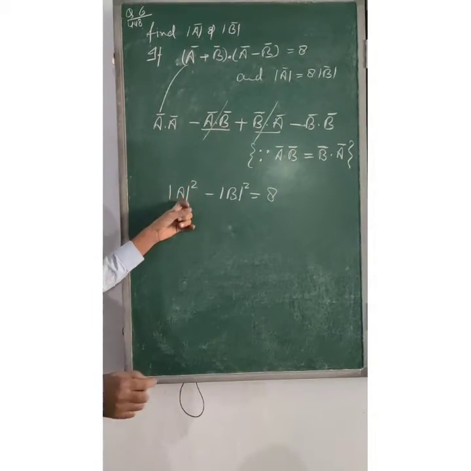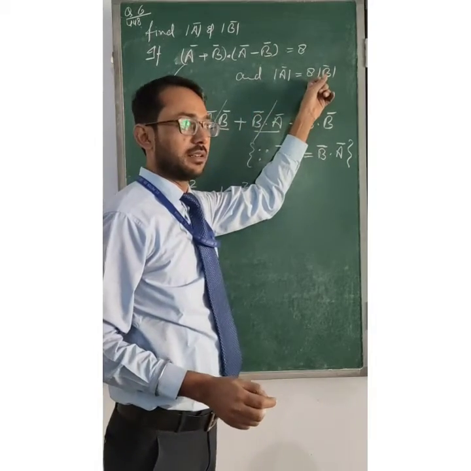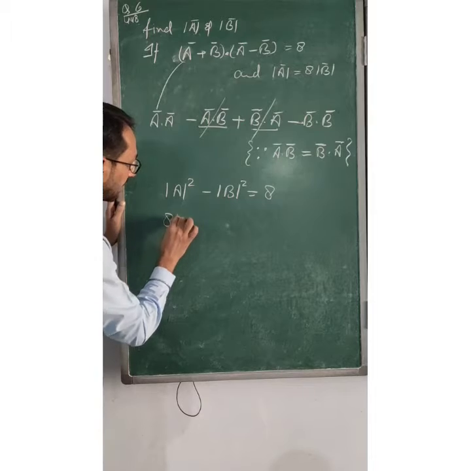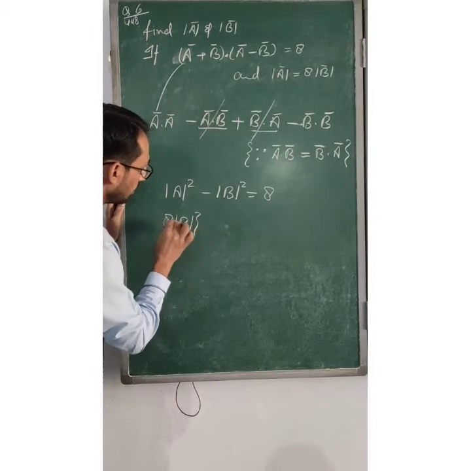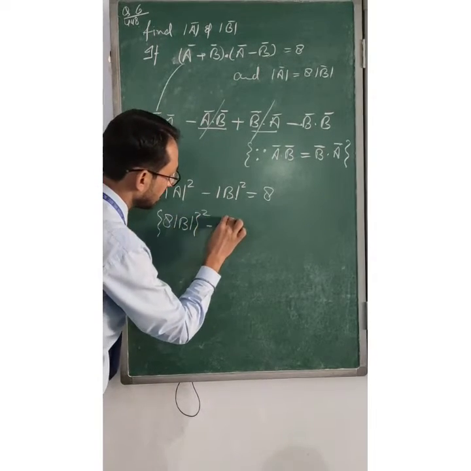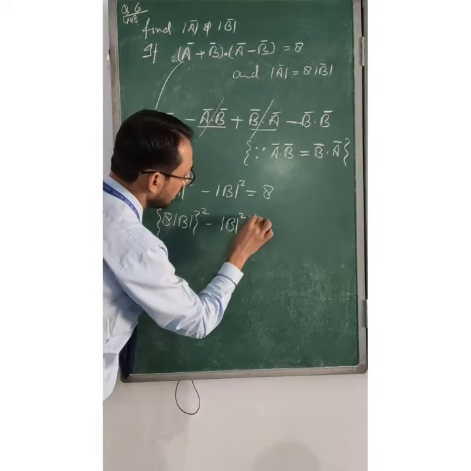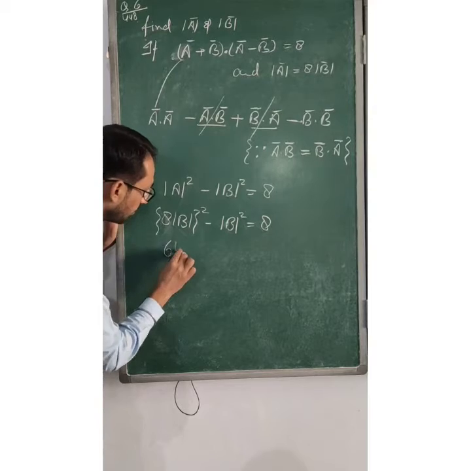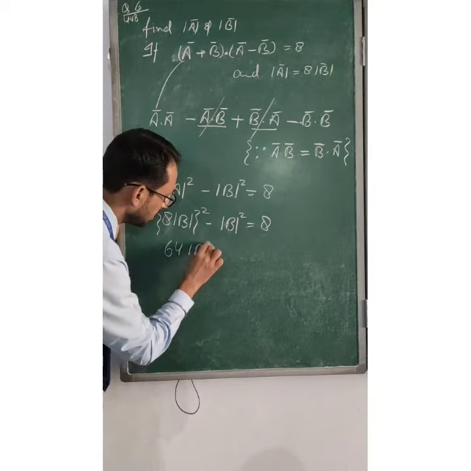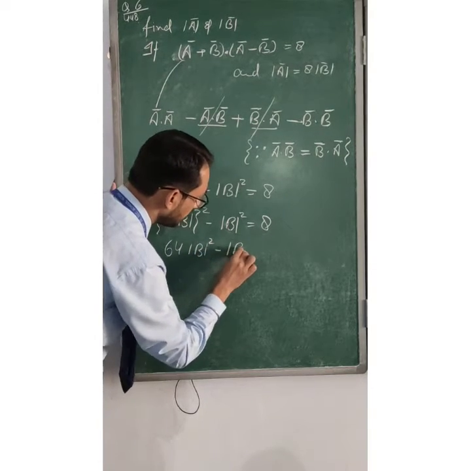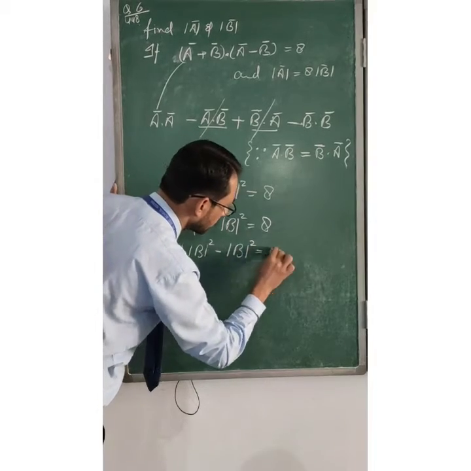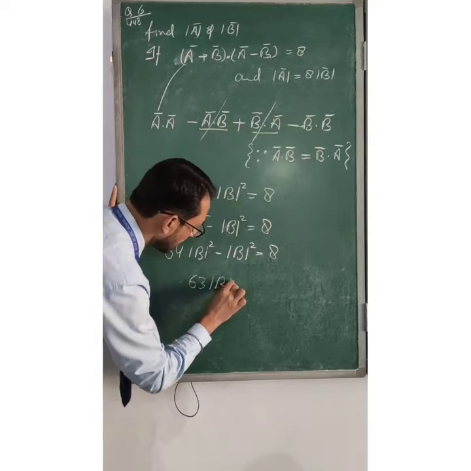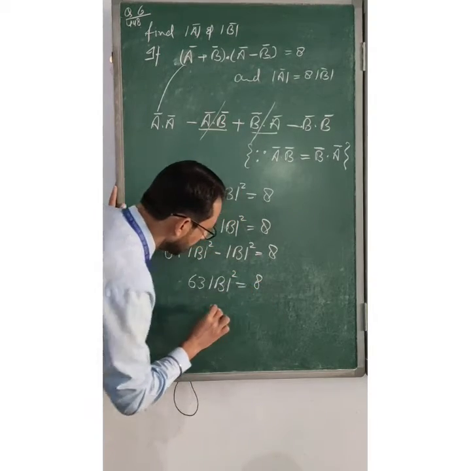Now the value of mod A is 8 times mod B, so mod A whole square minus mod B square equals 8. It will become 64 mod B square minus mod B square equals 8. 63 mod B square equals 8.